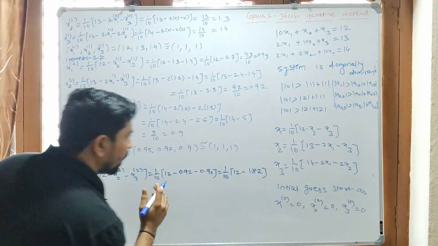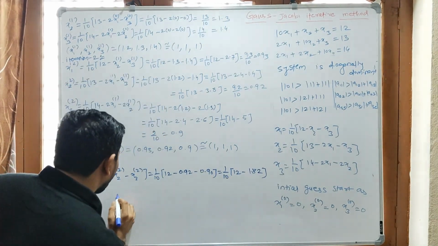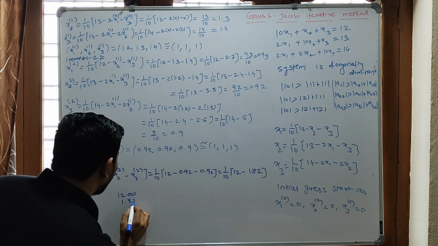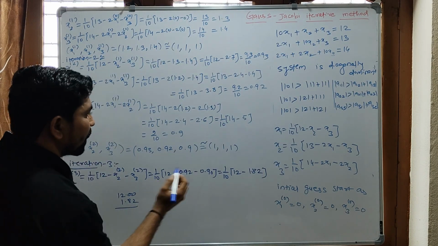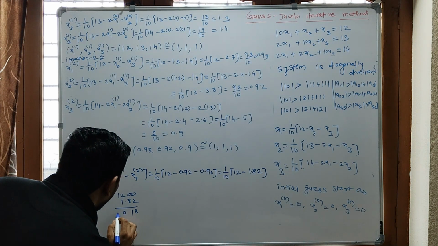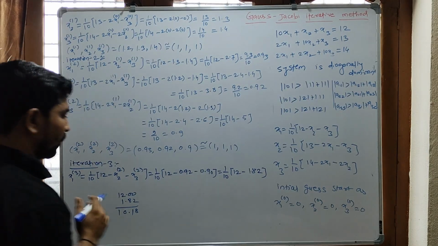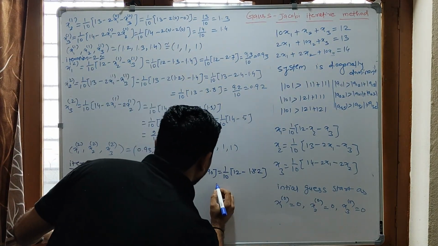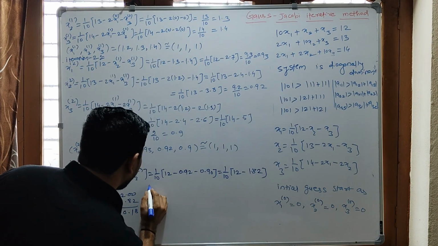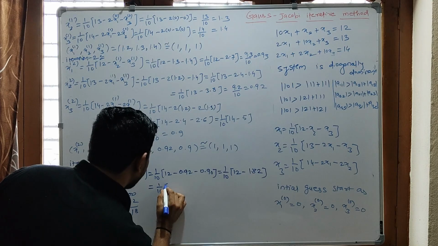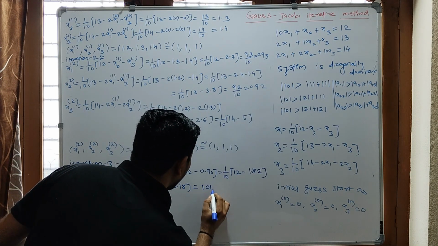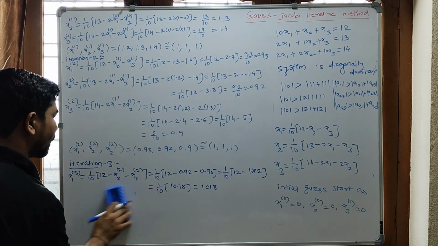So 12 minus 1.82 is 10.18. Which is equal to 1 by 10 times 10.18, which is equal to 1.018. So here this is my x1 at 3.